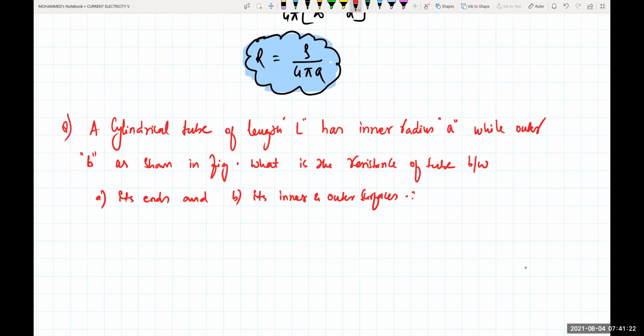The resistivity of the material is rho. A cylindrical tube of length L has an inner radius A while the outer radius is B, as shown in the figure.